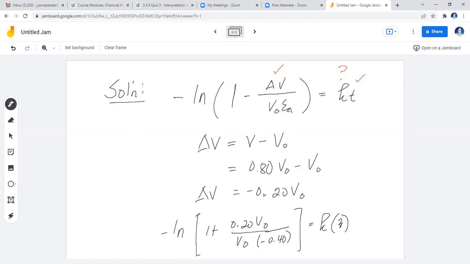So from in here, class, I'll just write in here, your K is equal to, so you get to cancel the V sub O's.